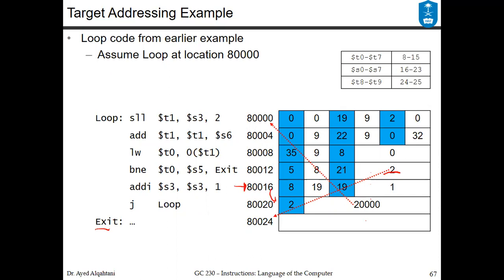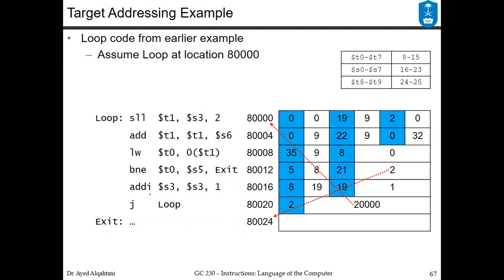That's 1 jump and then another jump. Or let's say that this is 1 hop and then another hop. 2 hops, so you write 2. And this is what we mean by PC relative, because first you look at where the program counter is, and from that you start counting.